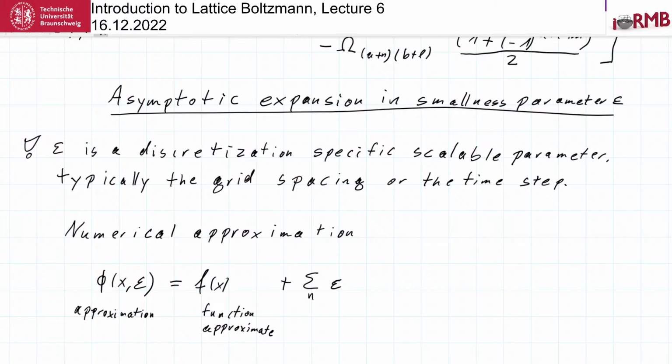So we have here a power series in epsilon, with the coefficients E_n, which are the error terms. So this is a series expansion.